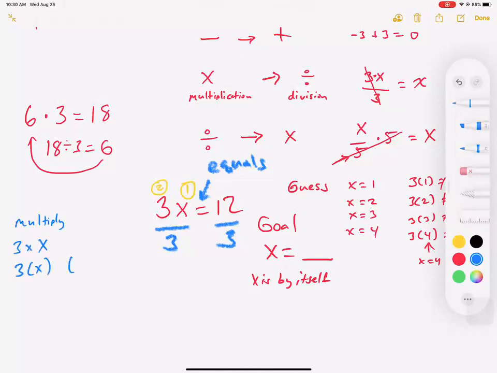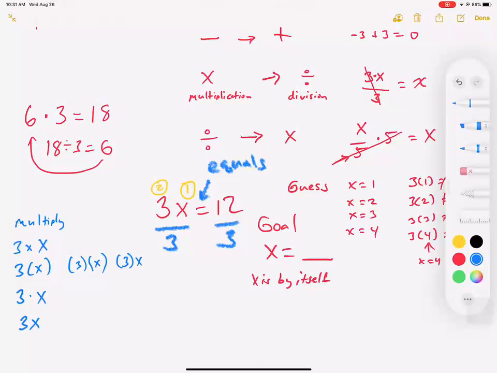Or we can write parentheses 3 parentheses x. We can write parentheses 3 and leave the x alone. And all these are the same way of writing it. We can also write 3 dot x. And the last way, we can just write 3x.